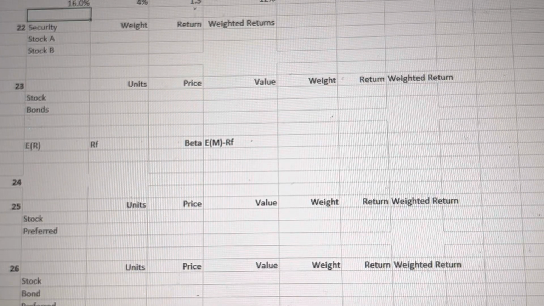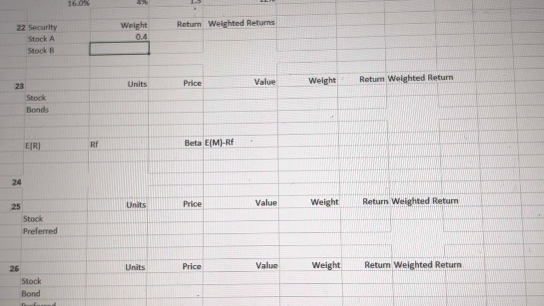Question 22. What is the required return on a portfolio consisting of 40% in the asset above and the rest in the asset whose returns are perfectly correlated to the market? So 40% is 0.4 for stock A, and for stock B it would be 0.6.